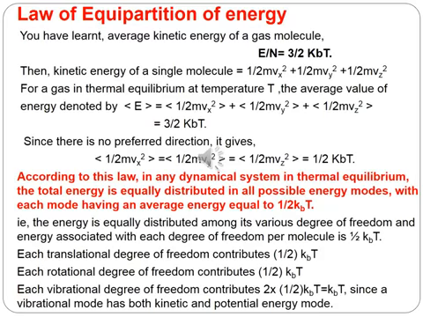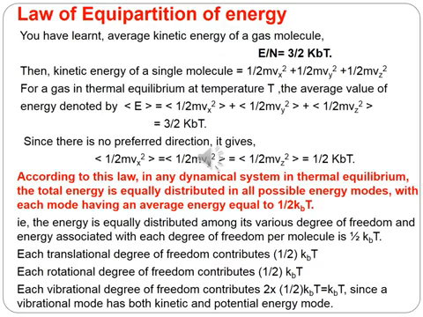It is equal to the average of 1/2 m vx square plus the average of 1/2 m vy square plus the average of 1/2 m vz square, which is equal to 3/2 kBT. Since there is no preferred direction, the average of 1/2 m vx square is equal to the average of 1/2 m vy square, is equal to the average of 1/2 m vz square, which is equal to 1/2 kBT.